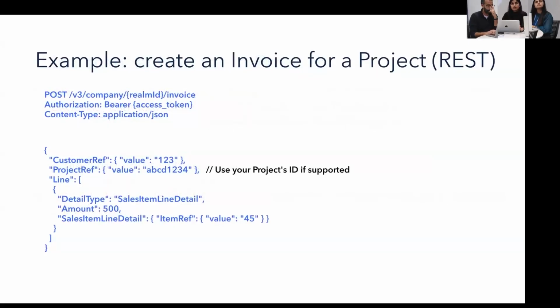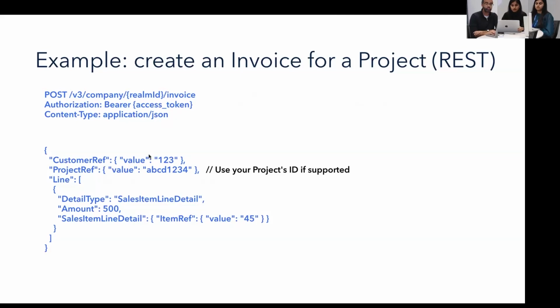So we have multiple use cases, but I'm showing you one use case, which is creating an invoice for a project using your REST API. So you have this POST call, V3 company. In the realm ID, you would be posting your QBO realm ID. Invoice, you will be passing the necessary headers, and this would be the post data.